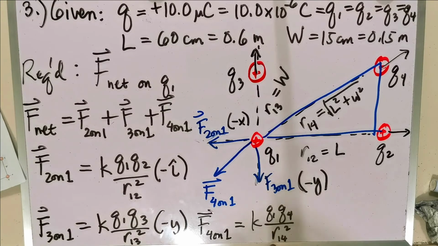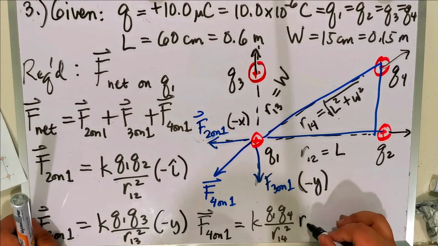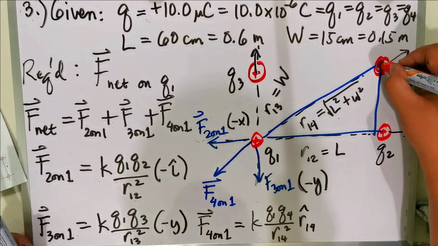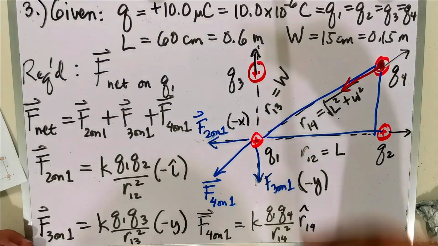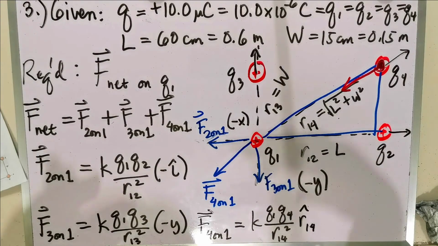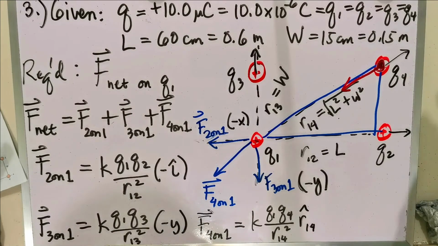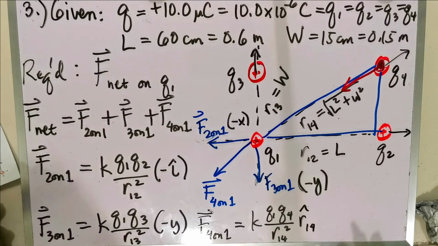But our R14 hat, remember that R is always from the source point going to the field point. The source point is where the charge gives the field or the force, and the field point is where the charge receives the force.